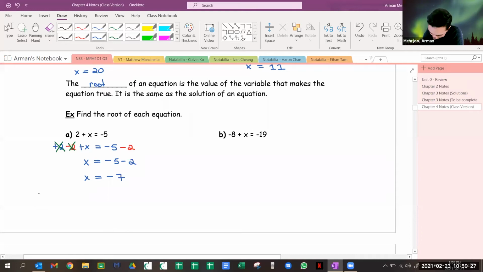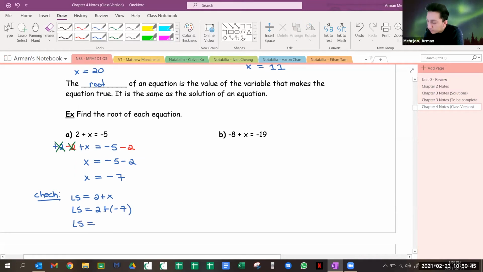Let's do a check. Let's check our left side. My left side is equal to 2 plus x, and I just figured out that x is negative 7. So 2 plus negative 7 is negative 9.